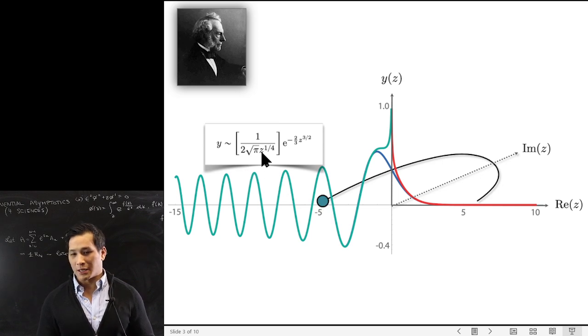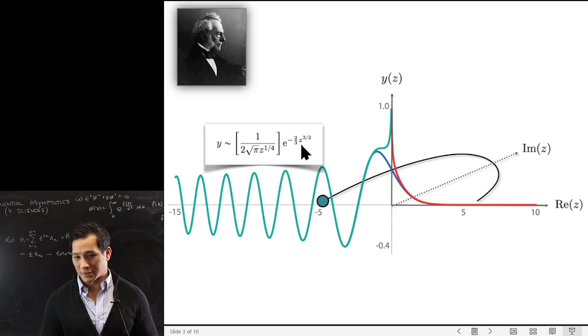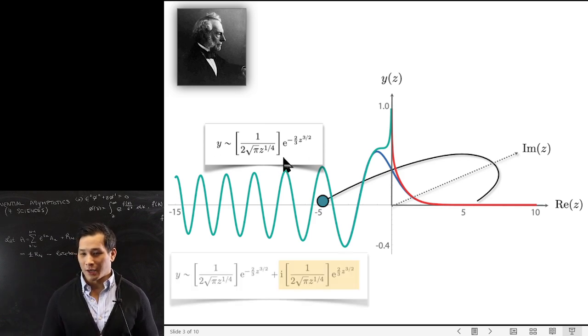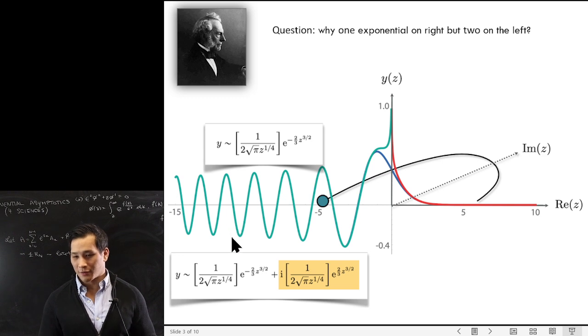There doesn't seem to be anything that has violated this approximation throughout this process, right? You've not traveled through any kind of singularity. And yet, why is it that when you're on the left, you have a paired exponential? The first one you began with was e to the minus 2/3 z to the 3/2.